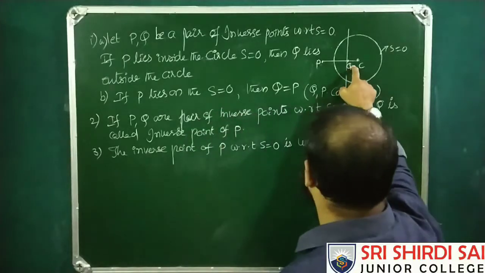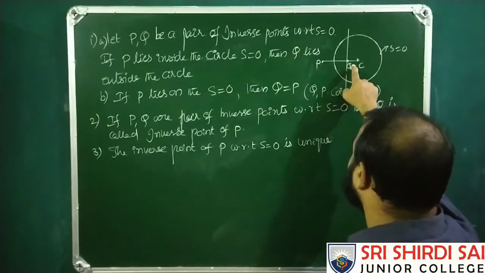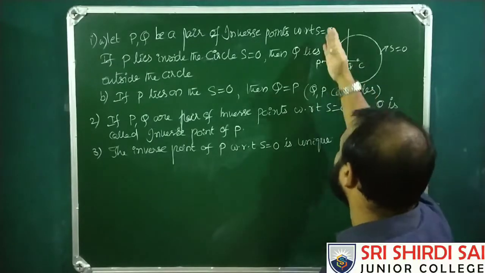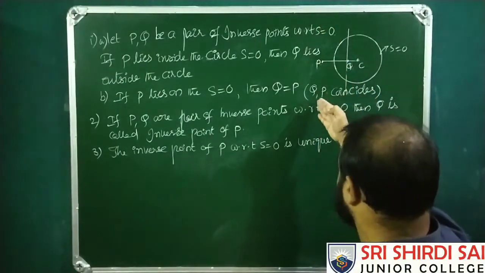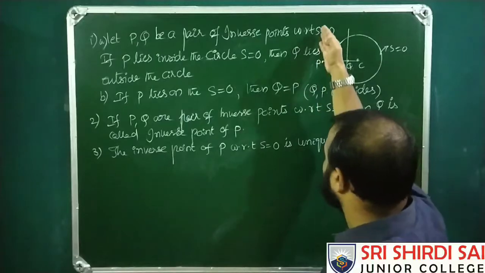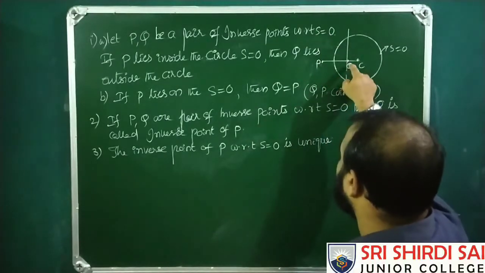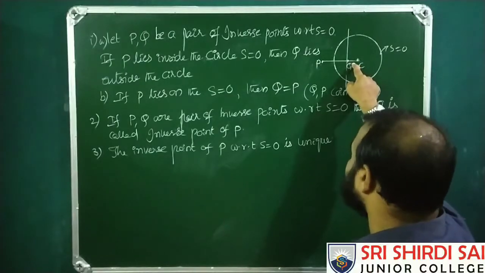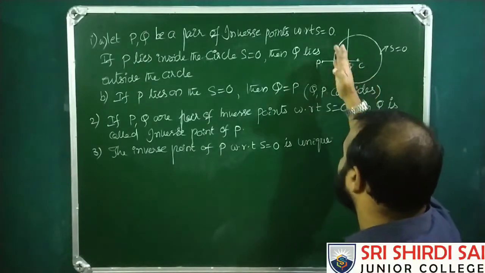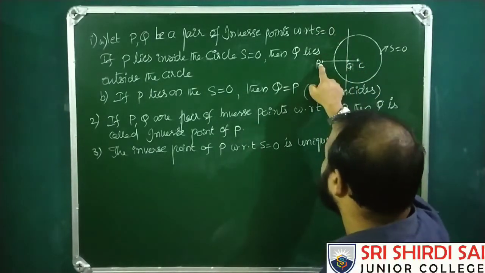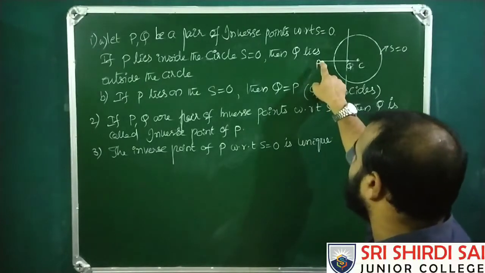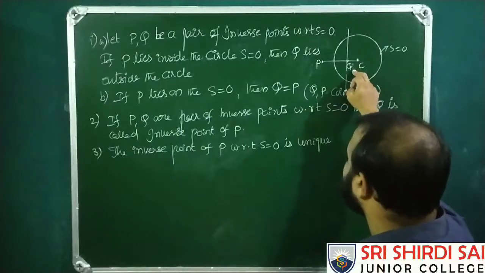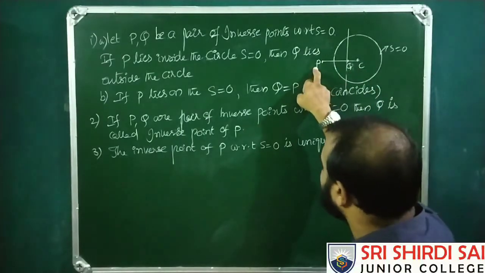Because if P lies inside the circle, the polar of P neither cuts nor intersects the circle. So the polar will be formed here if the point P lies inside the circle. Therefore, if P lies inside the circle, Q lies outside the circle.